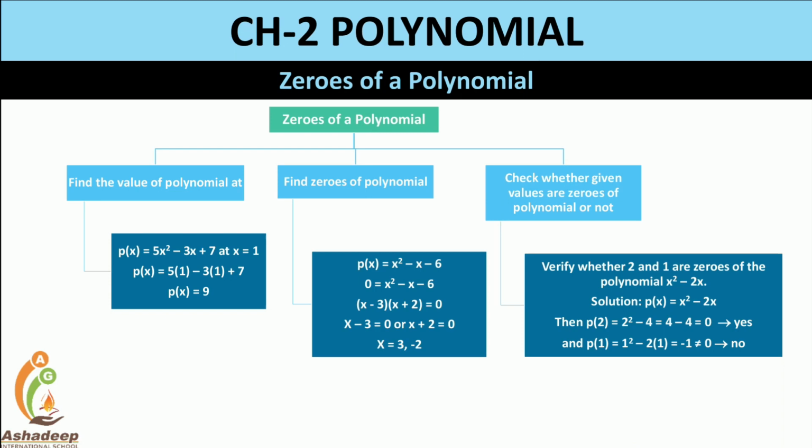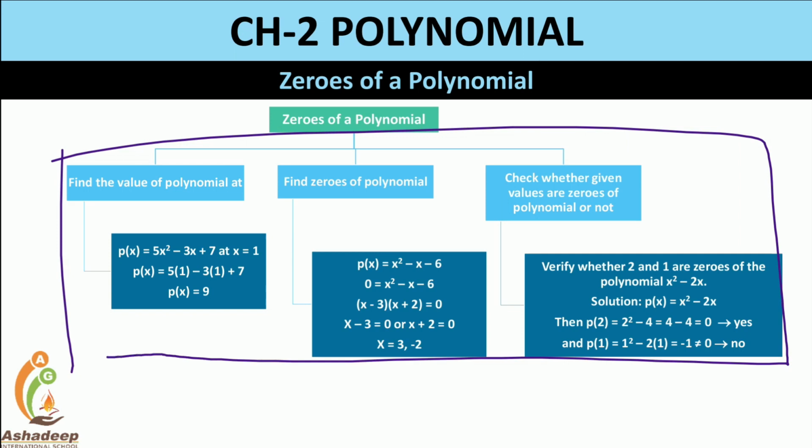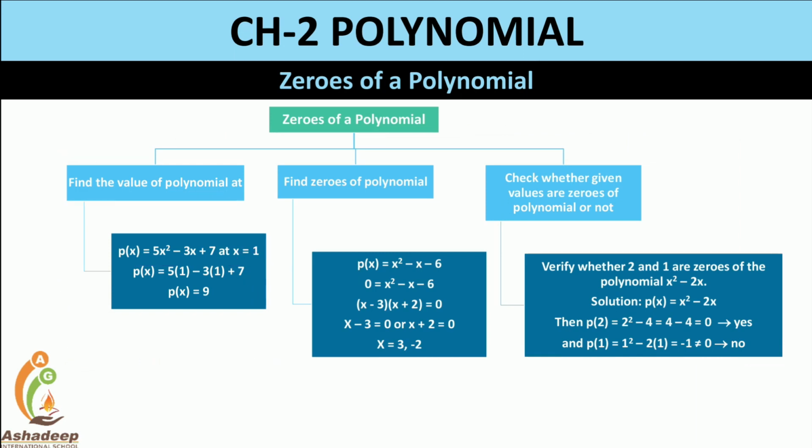In this way you need to do this, and on the basis of these three things the next exercise is based. Okay, so find the value at means what, you need to replace. If it is 1 you need to replace x with the 1. If it is 2 you need to replace x with the 2. Simple. Find the 0 means you need to compare the given polynomial with the 0.